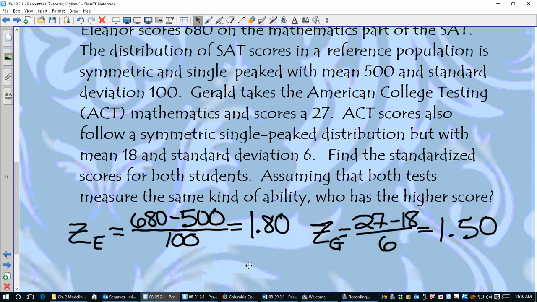With that analysis, I would say that Eleanor did better on her mathematics score than Gerald, because she scored 1.8 standard deviations to the right of the mean, whereas Gerald only reached 1.5 standard deviations above the mean with his score.